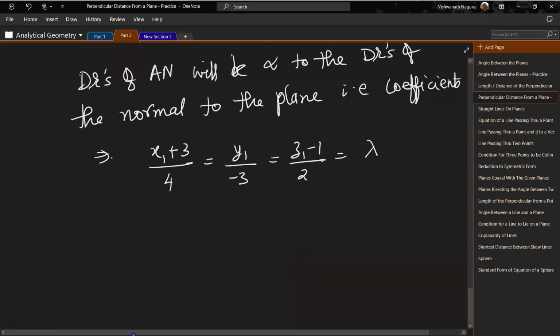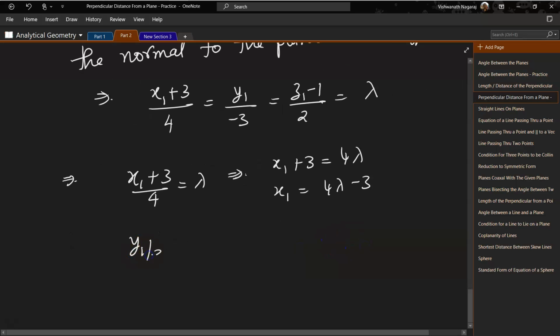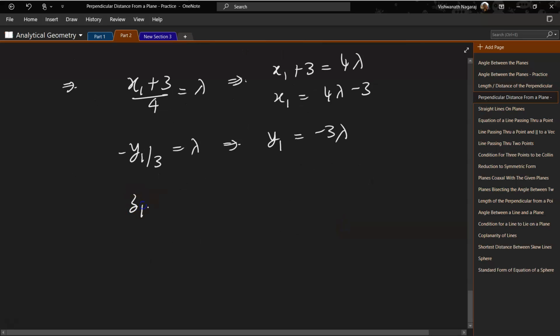So now we will take each one of them one by one. (x1 plus 3) by 4 equal to lambda, which implies x1 plus 3 equal to 4 lambda, so x1 is equal to 4 lambda minus 3. y1 by minus 3 is equal to lambda, which implies y1 is equal to minus 3 lambda. (z1 minus 1) by 2 is equal to lambda, which implies z1 is equal to 2 lambda plus 1.